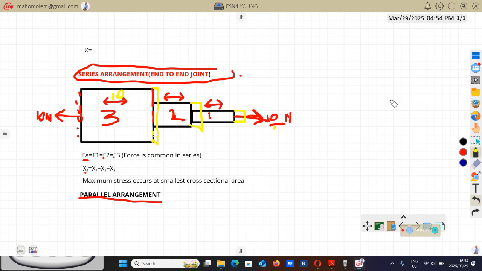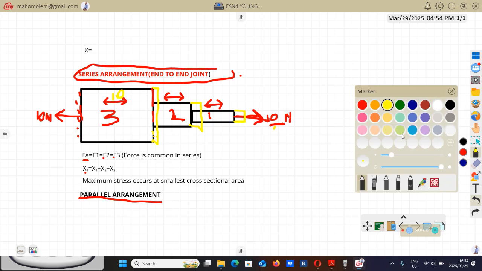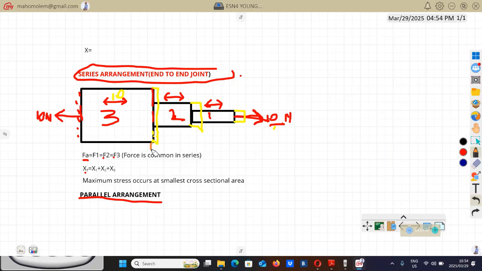So this part from here to there, we're going to call it X1. Then from here to there is X2. From here to there is X3. So here, the extension is not going to be the same. Yes, these sections are going to experience the same force, but this length that we see here, which is the X or the extension, won't be the same as this length.